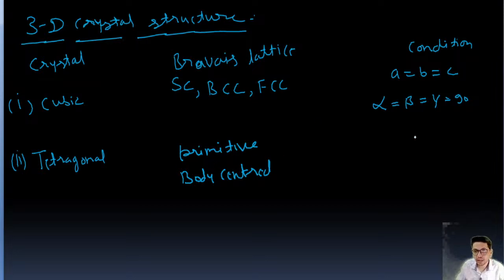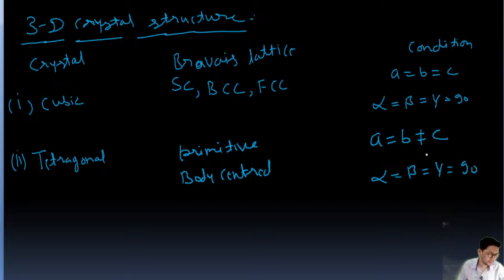For tetragonal, A and B are equal, but they are not equal to C, and the angles alpha equal to beta equal to gamma equal to 90 degrees.